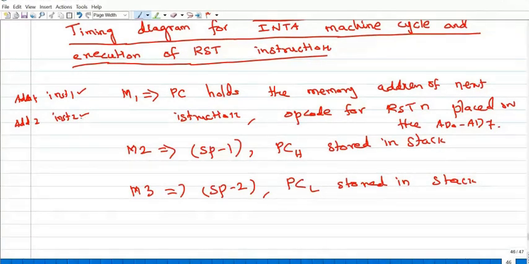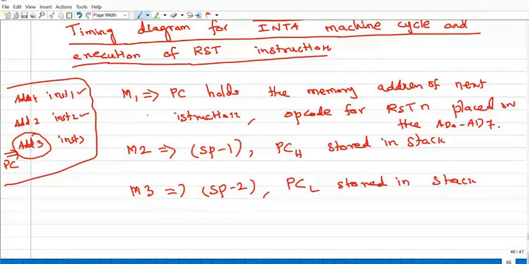If the INTR line is high, then the next immediate address information must be saved in the stack memory. Usually during sequential execution, the program counter holds the next immediate address location.